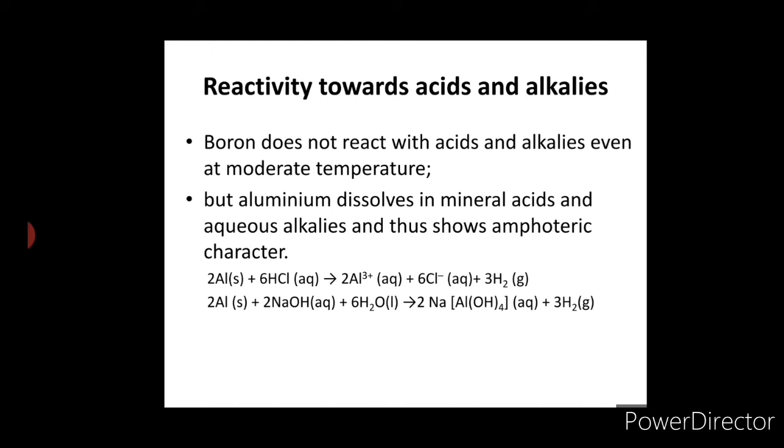When aluminum reacts with hydrochloric acid, it forms the salt aluminum chloride and liberates dihydrogen, and when it reacts with sodium hydroxide, which is a base, it forms sodium tetrahydroxoaluminate and also liberates dihydrogen. So we can say that aluminum shows both types of nature, that is, acidic as well as basic.